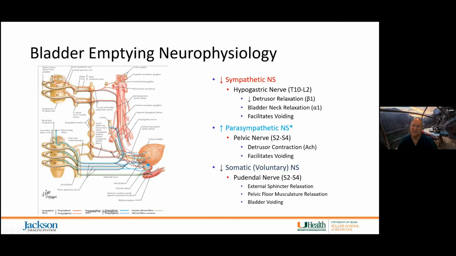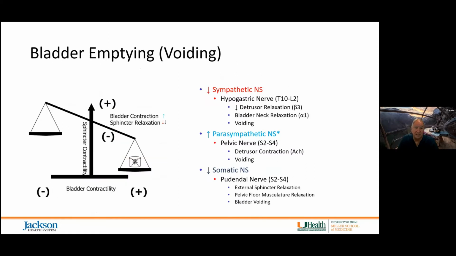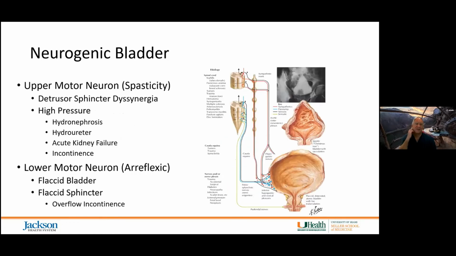A reduction in somatic influence allows for bladder voiding. So as the detrusor contracts, you're going to see increased bladder contraction mediated through parasympathetic influences, and sphincter relaxation, so that you end up with a relaxed sphincter and good outflow.